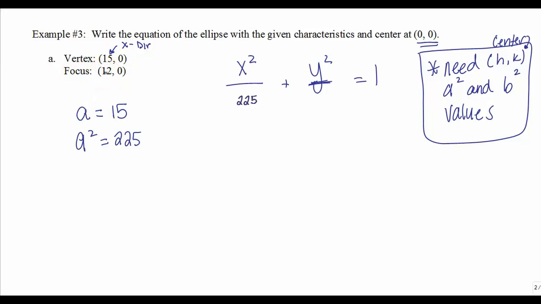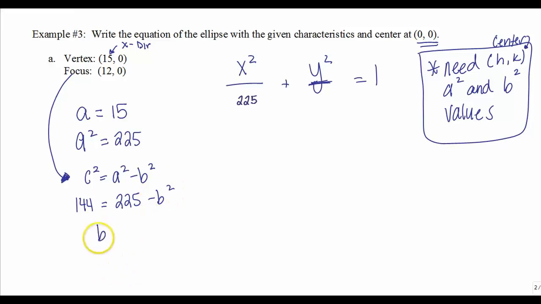But the only thing I know about my foci is that I have an equation, a squared minus b squared. Well, I know that c is 12, so c squared is 144. a squared is 225 minus b squared. So when you solve for b squared, you get 81.